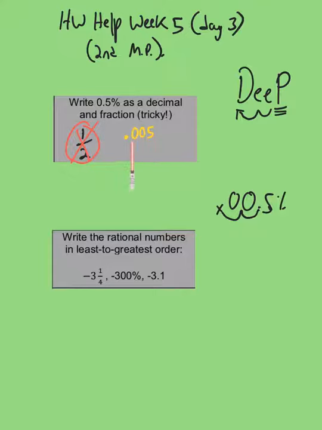Now that we have this decimal, 5 thousandths, we can change that decimal to a fraction. Remember the steps: you say the decimal, you write it as a fraction or mixed number, and you reduce it. So when I say it, it's 5 thousandths. When I write that as a fraction, it's 5/1000. But then I have to reduce it, and you can type that in your calculator if you want, or both of these divide by 5. 5 divided by 5 is 1.